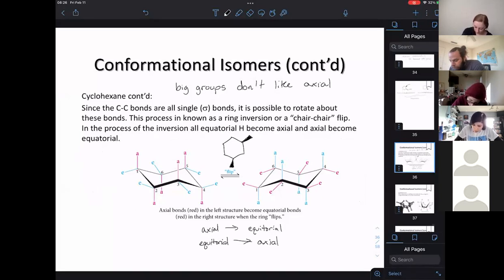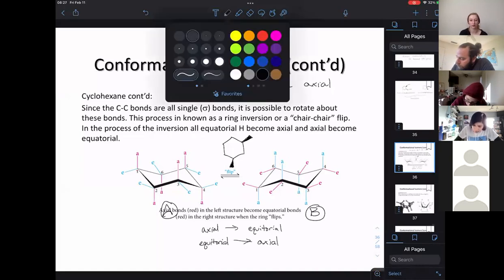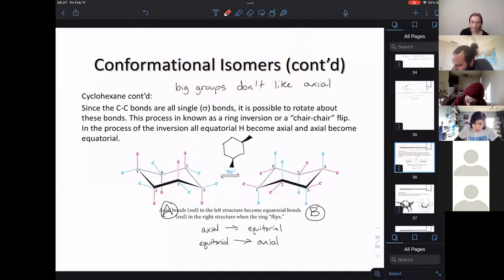So using our little structure here, I want you to see if you can identify which bonds would be our methyl groups in the axial or equatorial positions. Let's call this conformation A and this conformation B. And we can just use their numbering system. We really don't have to, but it's sort of equivalent.